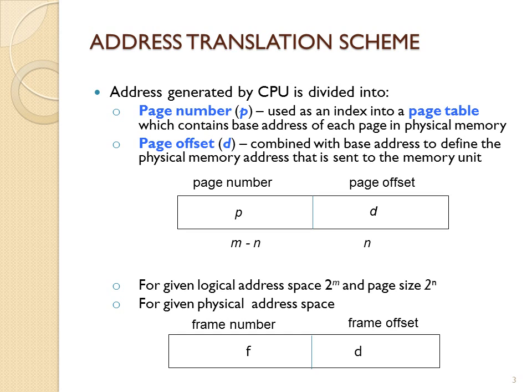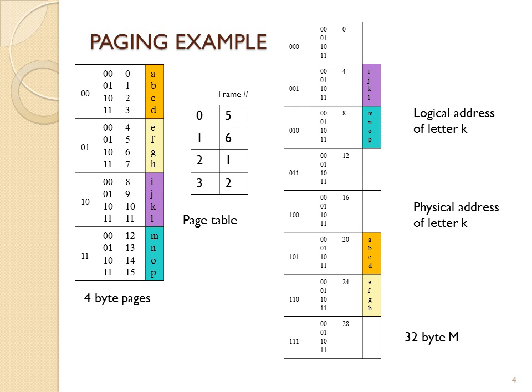Now the offset between the logical address, which has the page number, and the physical address, which has the frame number, is going to be the same, because if you have one particular instruction that's on a page, for example, if you look here at the letter F, the letter F is going to be on page 1 and it's going to be at offset 1.